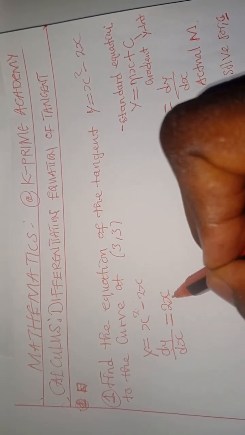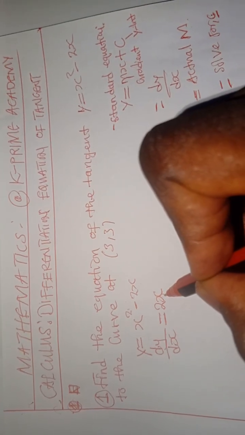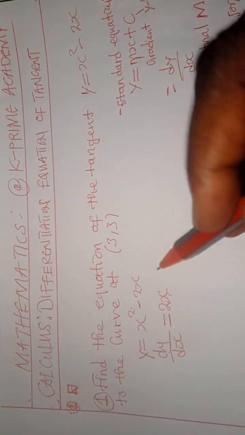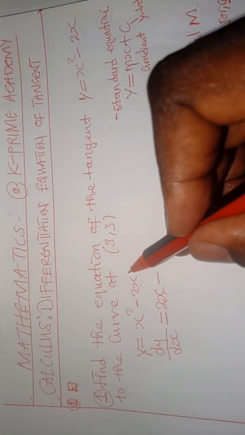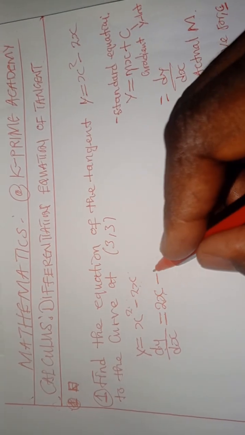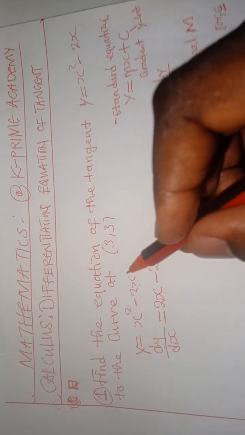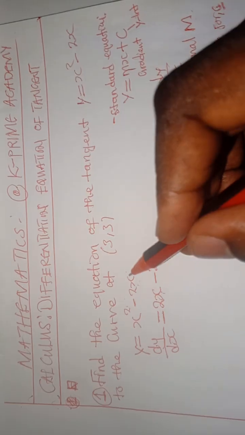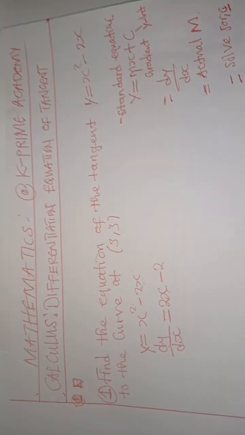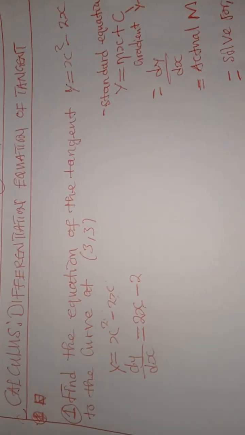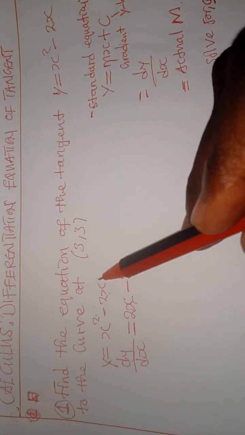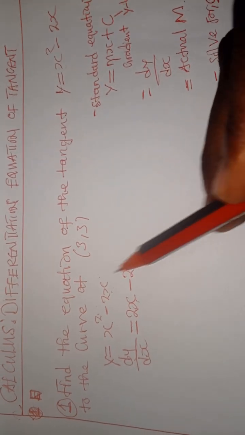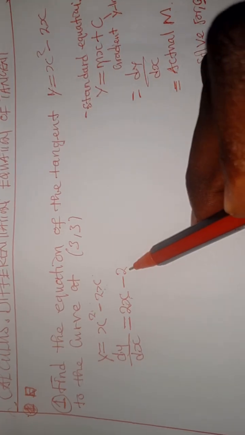X to the power 1 is x itself, according to the laws of indices. Then the dy dx of 2x here. Yesterday I said the power of x here is 1. So 1 times 2 will still give a 2 here. Then 1 minus 1 on top, it will be x to the power 0. And any number to the power 0 is 1. So x to the power 0, we're going to get a 1. So 1 times 2, that's where the 2 is coming from.